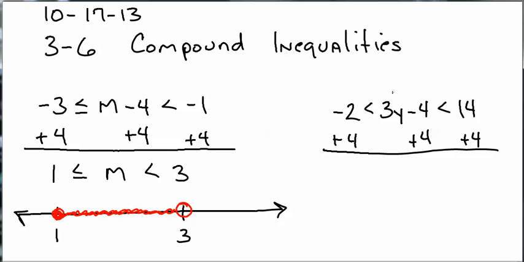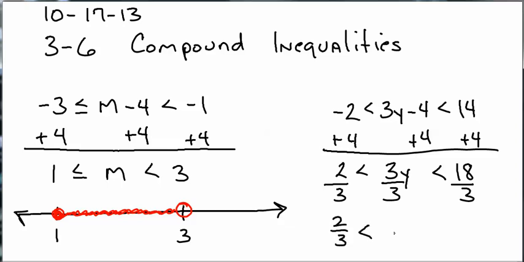So you get 2 less than 3y, which is less than 18. You divide everything by 3. So 2/3 is less than y, which is less than 6.